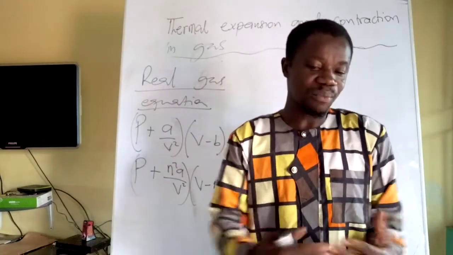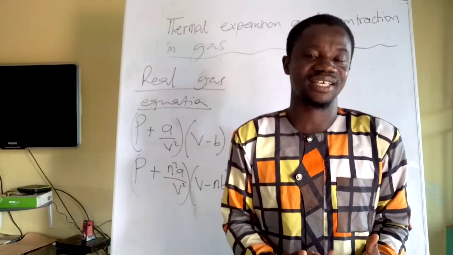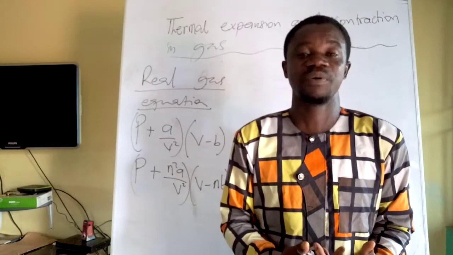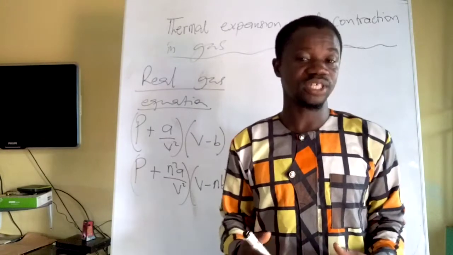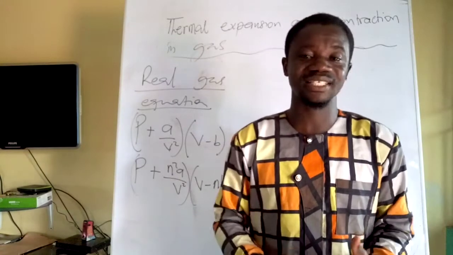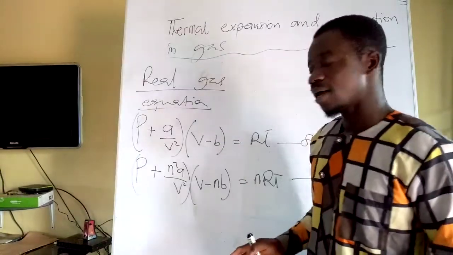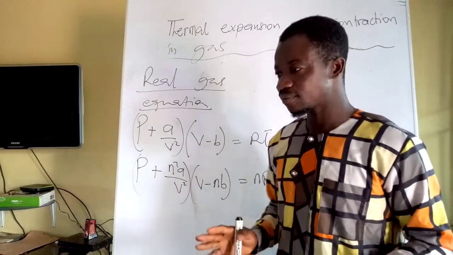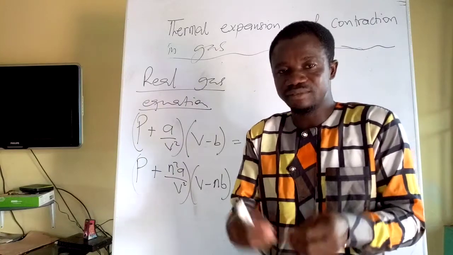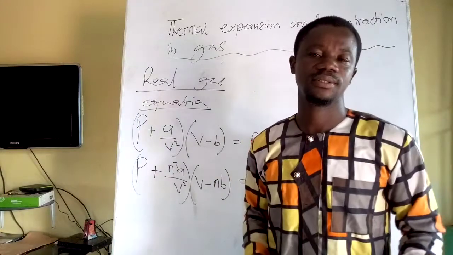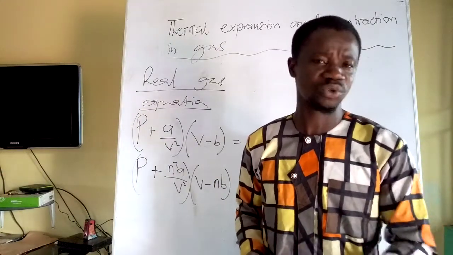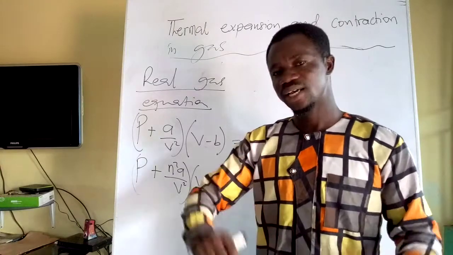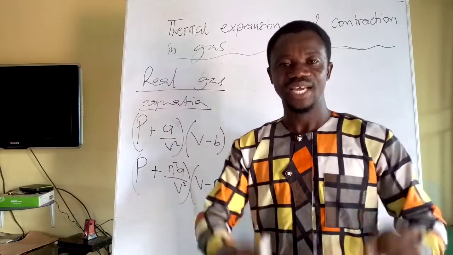That the collision between the molecules themselves is perfectly elastic, and for that matter, the collision between the molecules themselves does not exert pressure on the gas. But actually, that is not what happens. In the real gas, the collision between the molecules themselves exerts pressure.